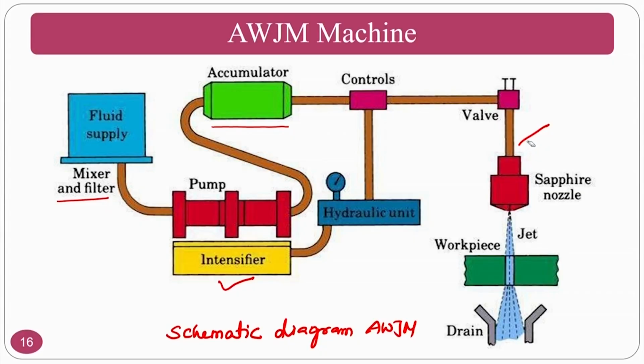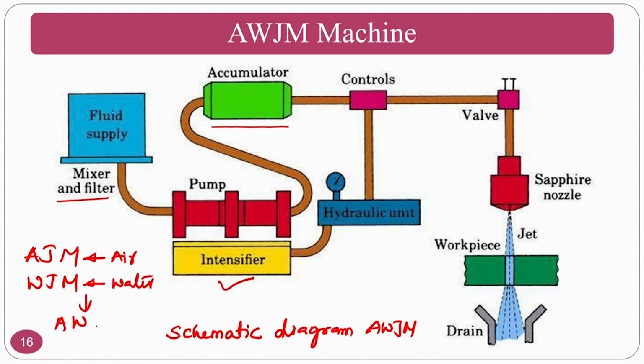What I mean to say is, in abrasive jet machining you have seen that air is the medium to carry. In water jet machining, it cuts with water. So, if you club both together, you will get abrasive water jet machining.